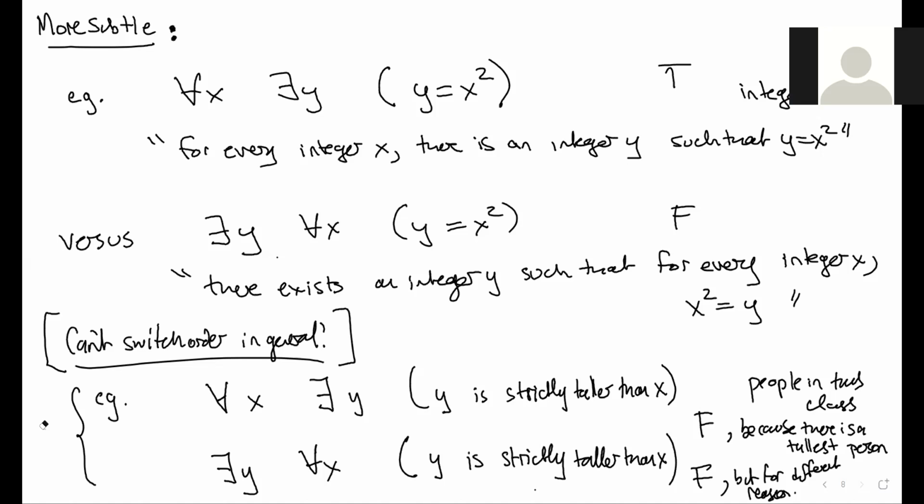And the reason that's false is, what if you take x to be the tallest person? Then there's nobody strictly taller than them, right? So it's false. Oh, okay. Thank you. Yeah, maybe this wasn't such a good example. Let's try to salvage this.